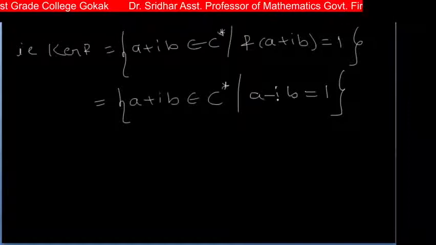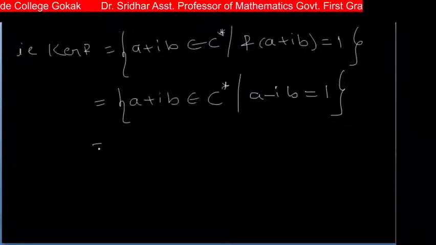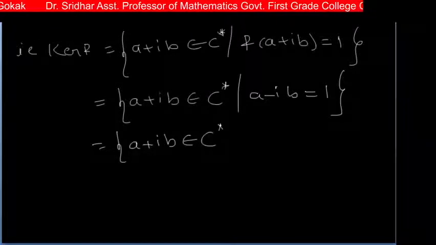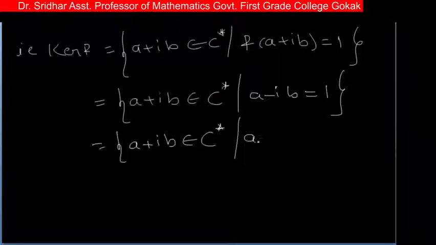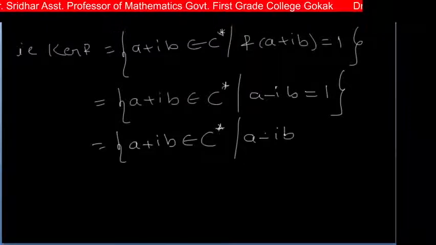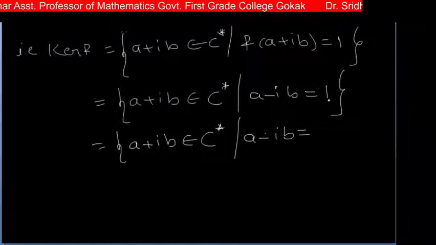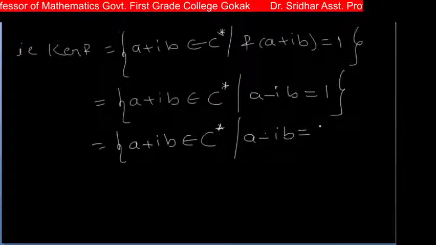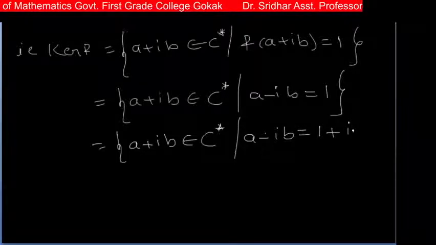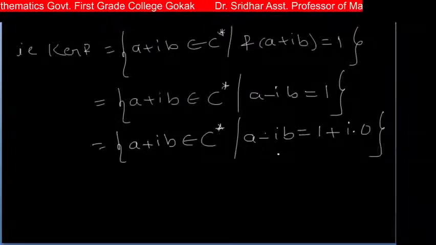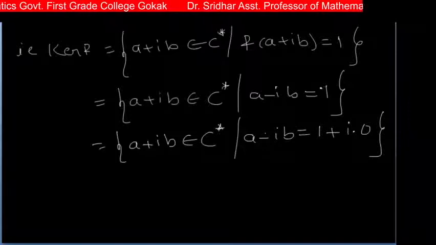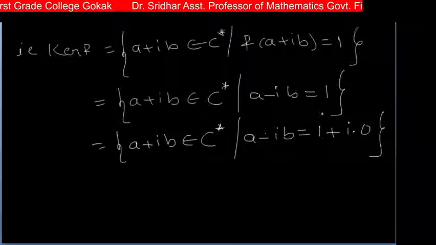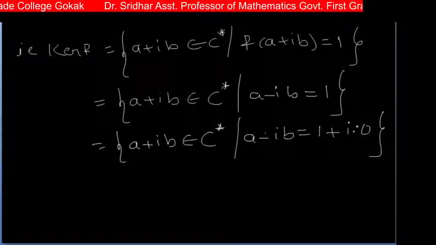Now from this equation, we can write this as a plus ib belongs to C star such that a minus ib is equal to 1. Now write this one in the form of complex numbers: 1 plus i into 0. So it is also in the complex form.